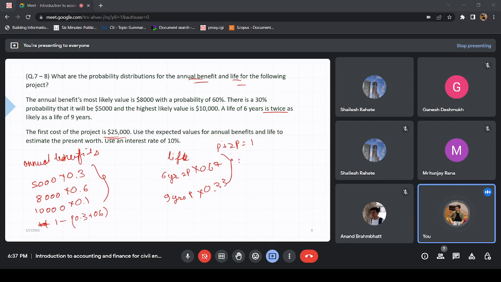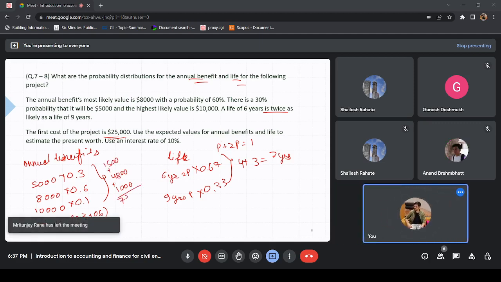In this case, it would be 4 plus 3, right? 7 years. And annual benefits, do check if I am making any mistake. This will be 1,000, this will be 4,800, and then this will be 1,500, right? So that is 7,300.